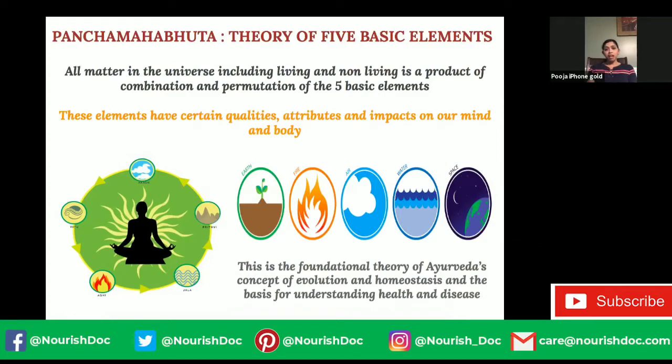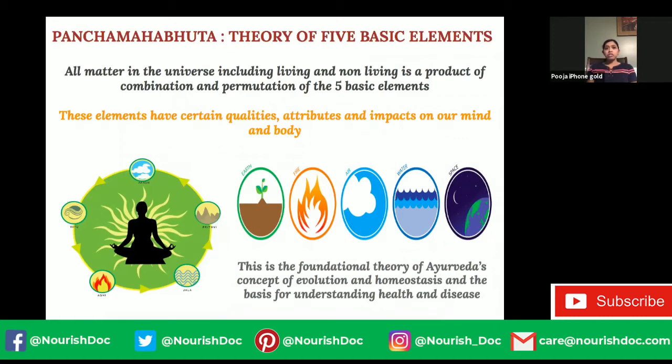Now, one might ask me this question: if everything is made up of these 5 elements, why do we have so many different forms of matter, like plants, animals, birds, aquatic animals, rocks, and human beings? Everything looks different.